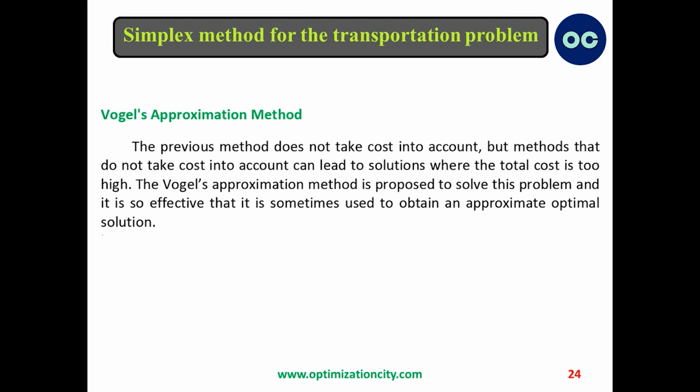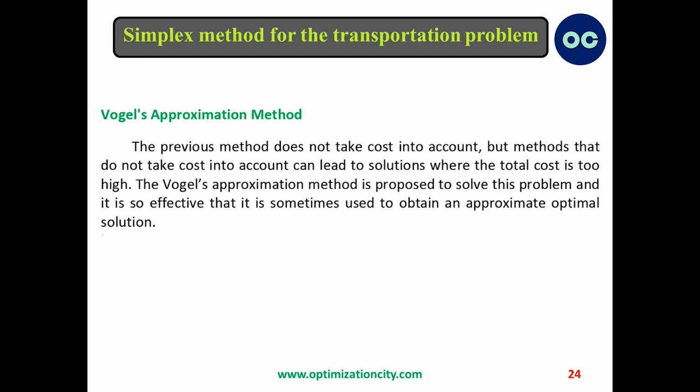In the first step, we calculate the difference between the smallest and the second smallest cost for each row and column that is not yet fully allocated. In the second step, identify the row or column with the largest difference. In the third step, we select the variable that has the lowest unit cost among those variables in the row or column defined in step 2.